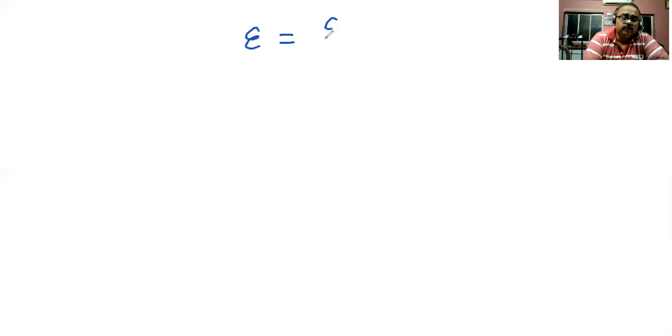So E equals E naught sine omega t. Let me first find the mean square value.